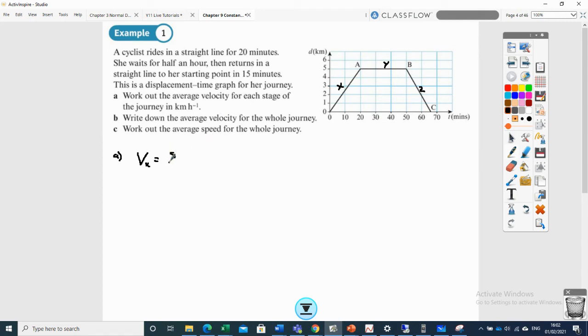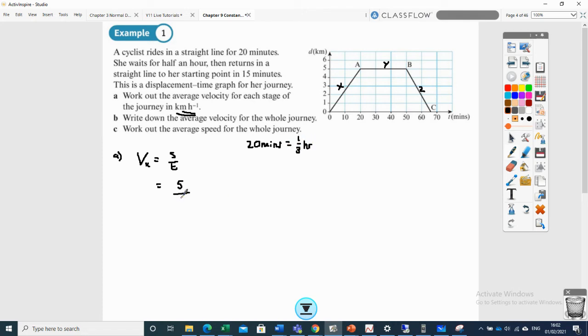Displacement S divided by the time T. So the displacement in this first part of the journey is 5. So it's got from 0 to 5. The time it's taken is 20 minutes. Now, this wants it in kilometers per hour. So 20 minutes is equal to 1/3 of an hour.